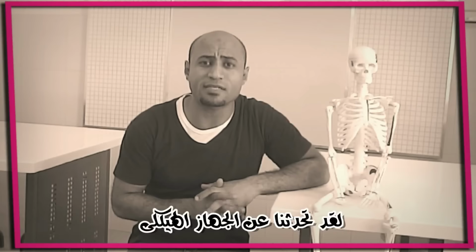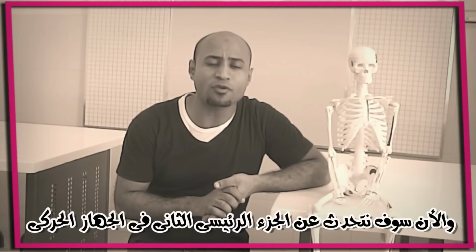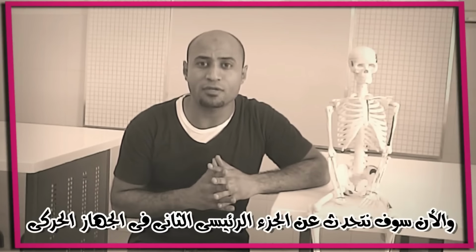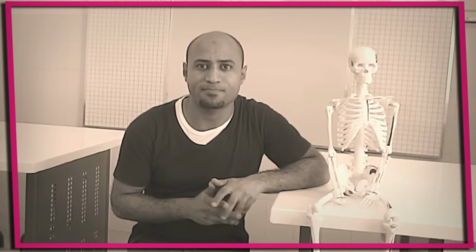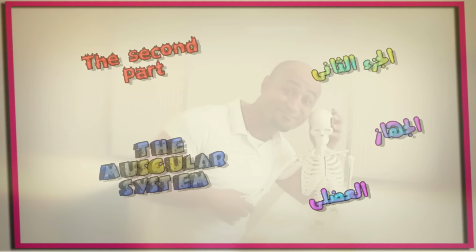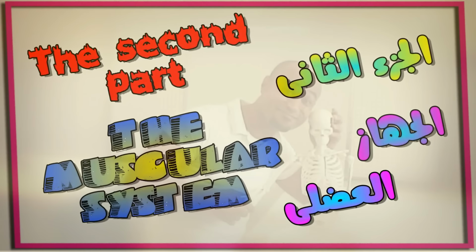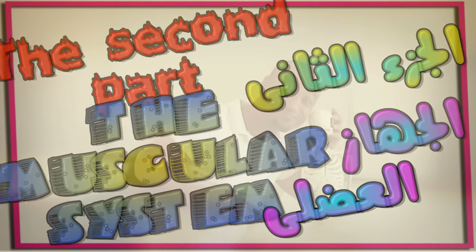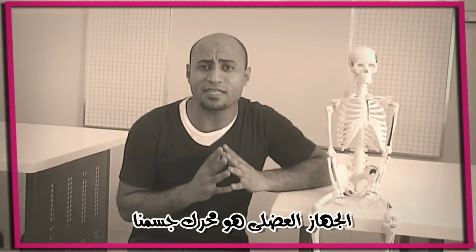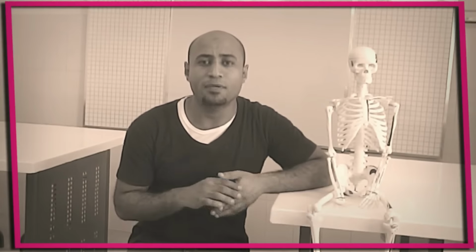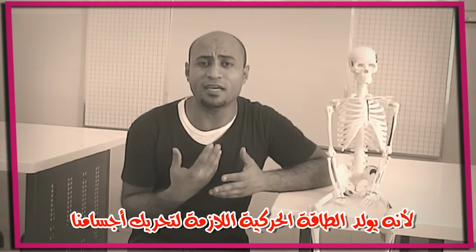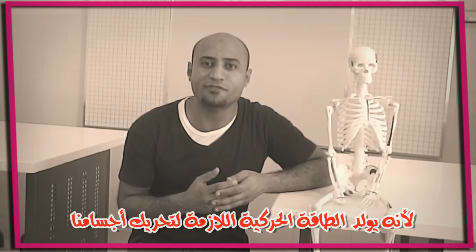We talked about the skeletal system. Now we talk about the other main part in the locomotory system, which is the muscular system. The muscular system is the engine of our body because it generates the kinetic energy needed to let our body move.